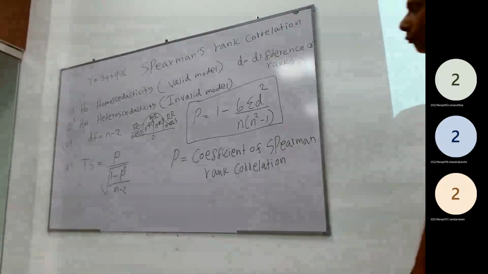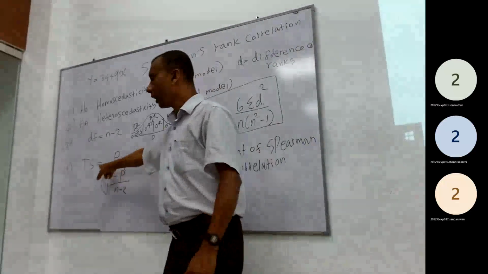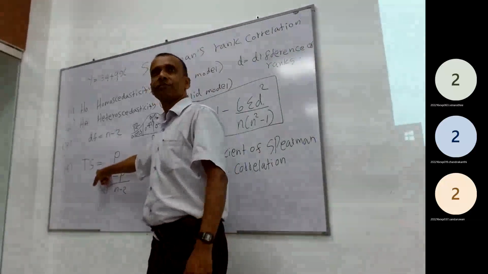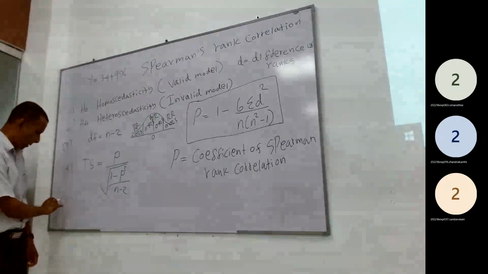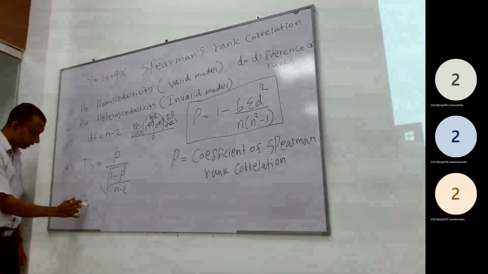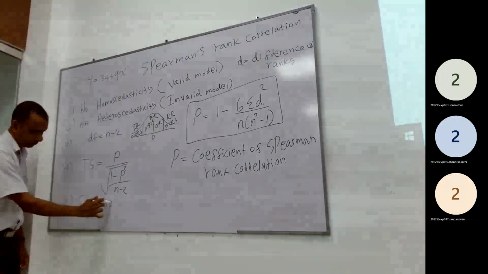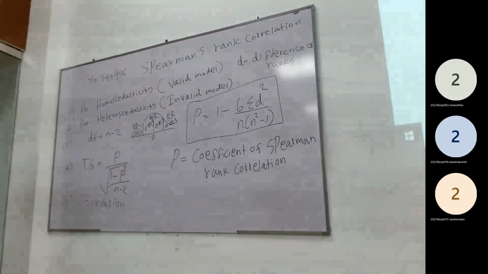That is step 4. Calculate the rank correlation, then apply it to the test statistic. Then finally, the last step: take the conclusion.